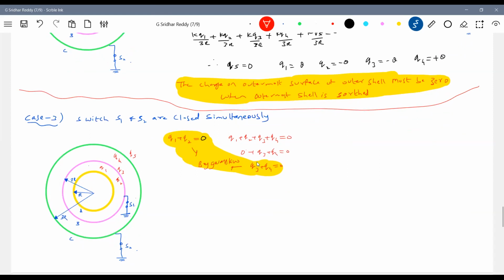Only that one. So Q1 is equal to how much? The charge of the shell is conserved as it is not earthed. So Q1 equals Q, so Q2 equals minus Q. That's all. What about shells B and C? They're earthed. So the potential of shell B is 0, the potential of shell C is also 0. Solve it, and you'll get the required answer.